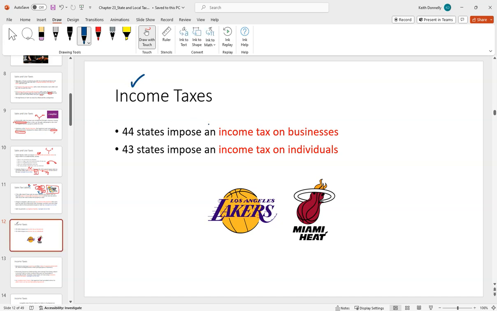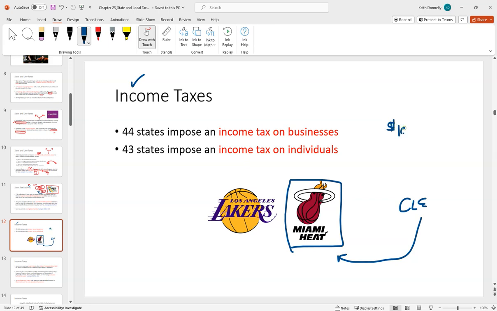All right, so that was high level sales and use tax. Let's start talking about income tax, right? A lot of it's going to be business income tax, but we'll talk a little bit about individual as well. Most states are going to charge income tax. Interestingly, not all states do. So Florida, for example, if you know LeBron James, he went from Cleveland to Miami. I don't know what he makes, but let's just say you're an athlete and you get 10 million a year.